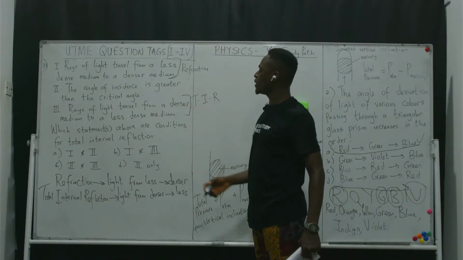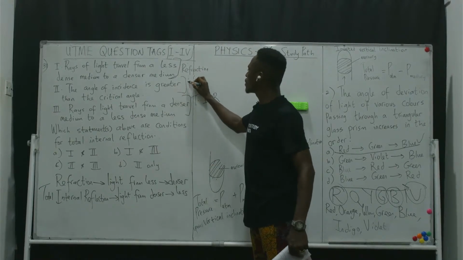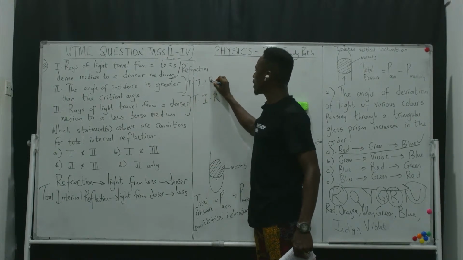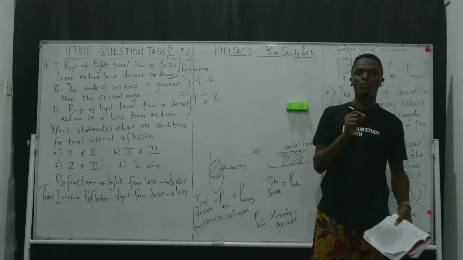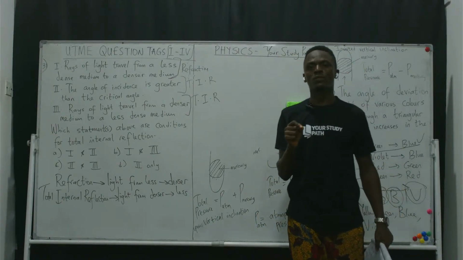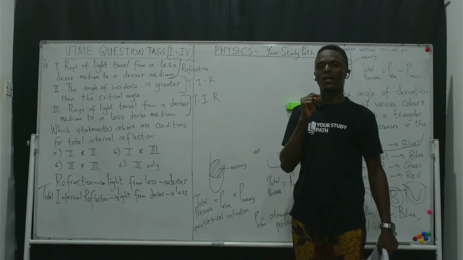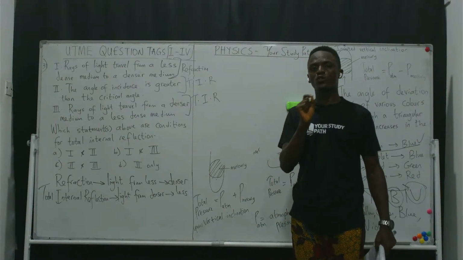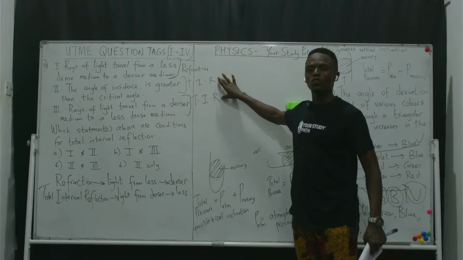This second one is emphasizing the critical angle. Have this at the back of your mind. You have critical angle under the topic total internal reflection. And what other question do you want to put in mind? You can find it under your practical question.